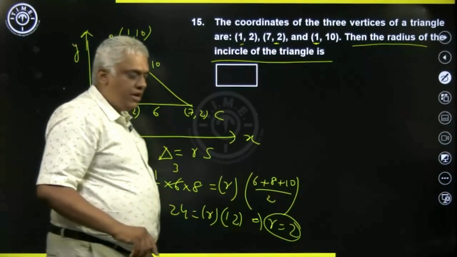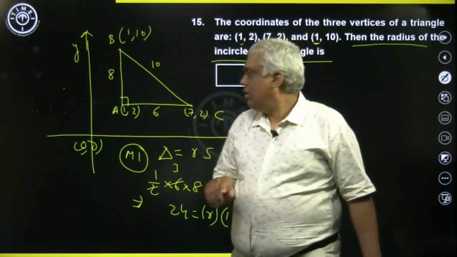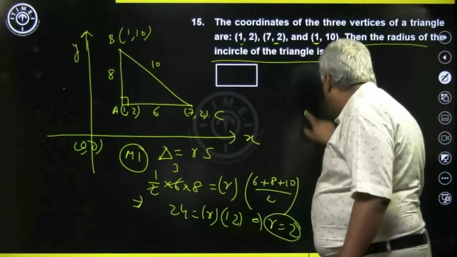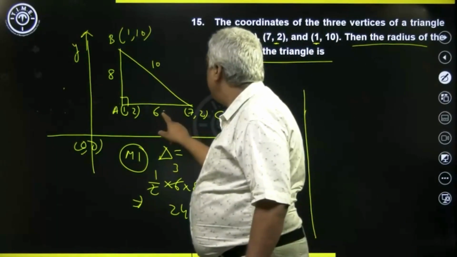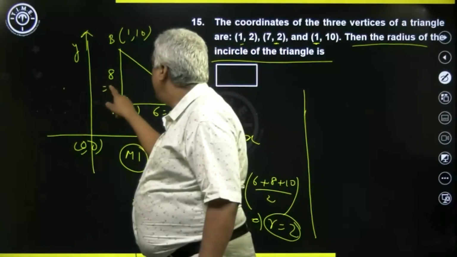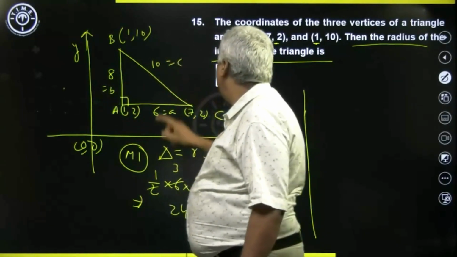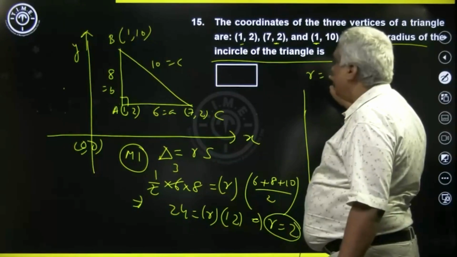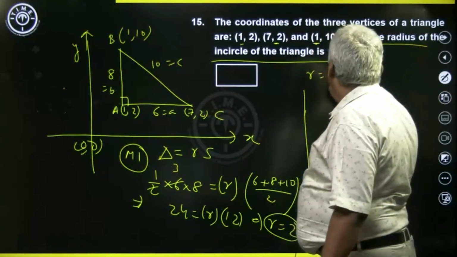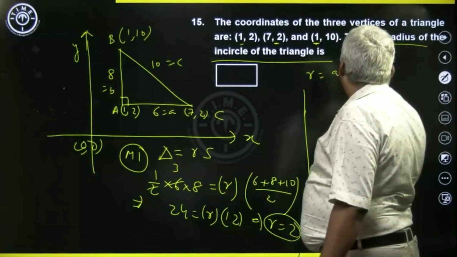We could have used the formula. You must be knowing that in a right angle triangle, the sides are A, B, C. Let's say this side is A, this side is B, this side is C. In radius is (A plus B minus C) by 2.